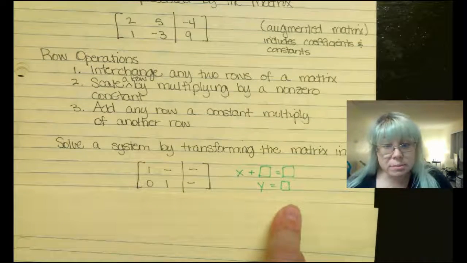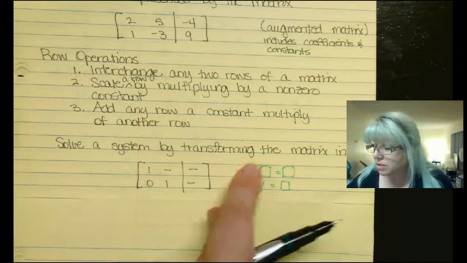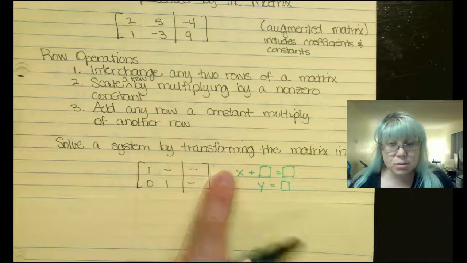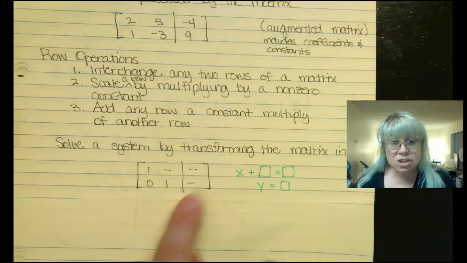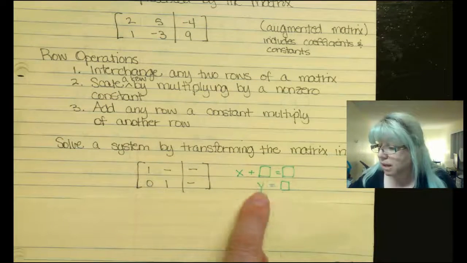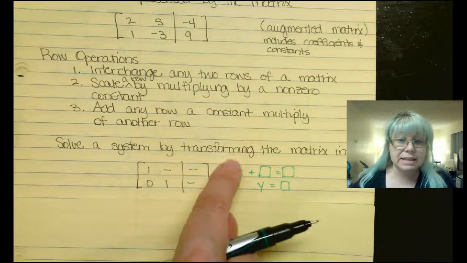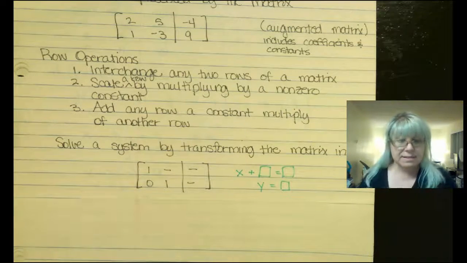Well, y equals something. Then I plug it back into the first equation and I can solve for x. So this back substitution helps. That's what this transformation gives me. It gives me a value for y so I can plug it back in to get the value of x.